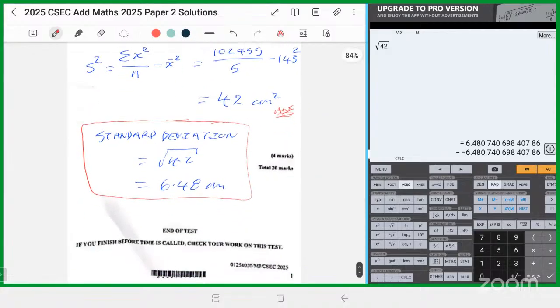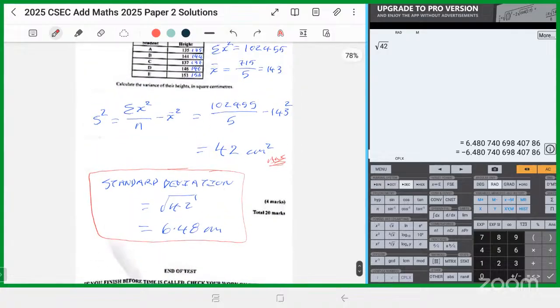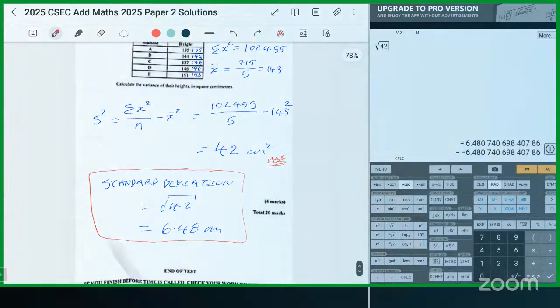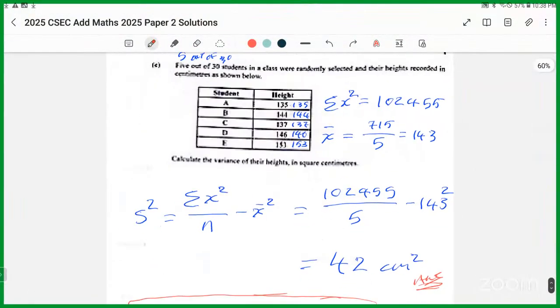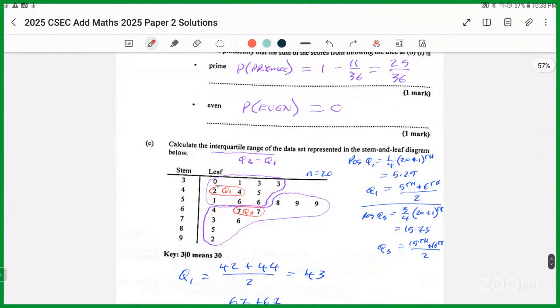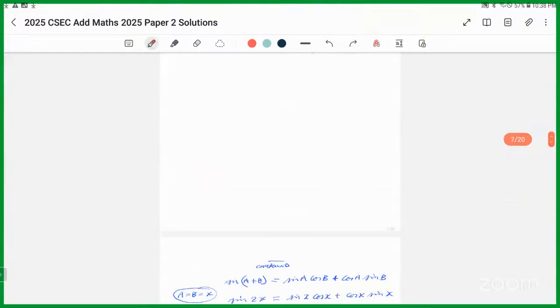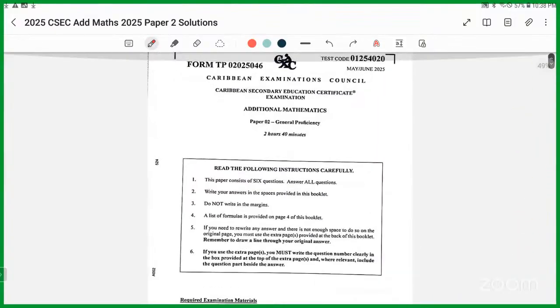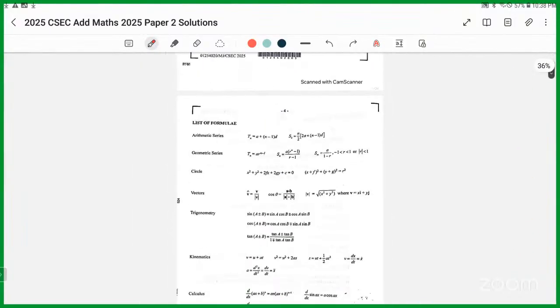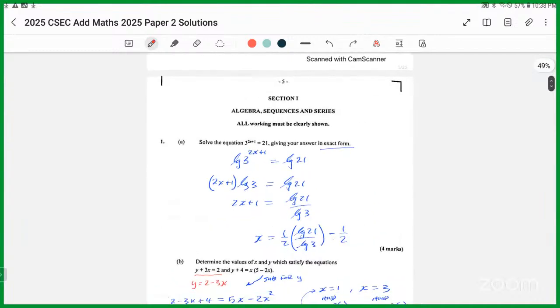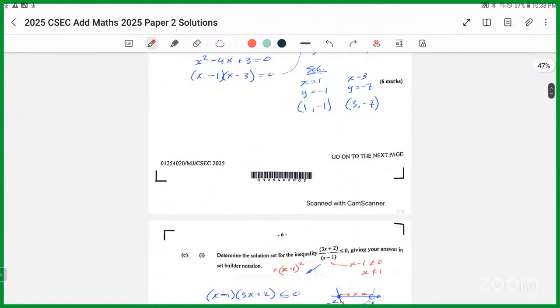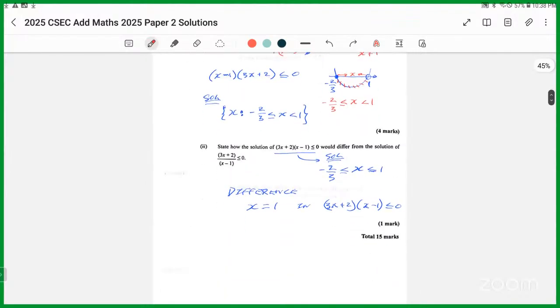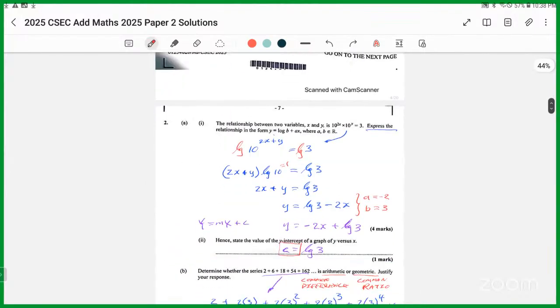All right, end of this test. I'm going to share this in the class group. You guys can have a look at it. This was a nice easy thing. If you have any question on it that was challenging, it's really easy.